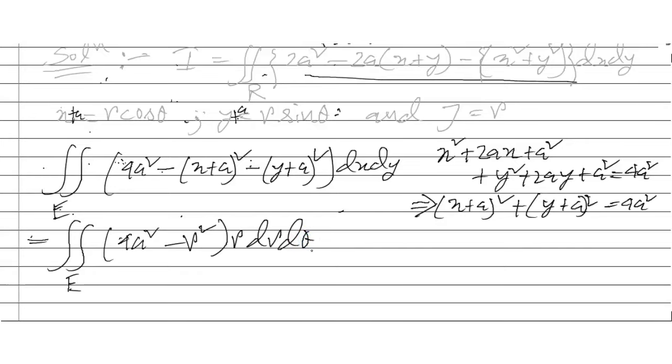Why is there an r? Because we know the Jacobian is r, and the circle is the full region. So it can be written this way.